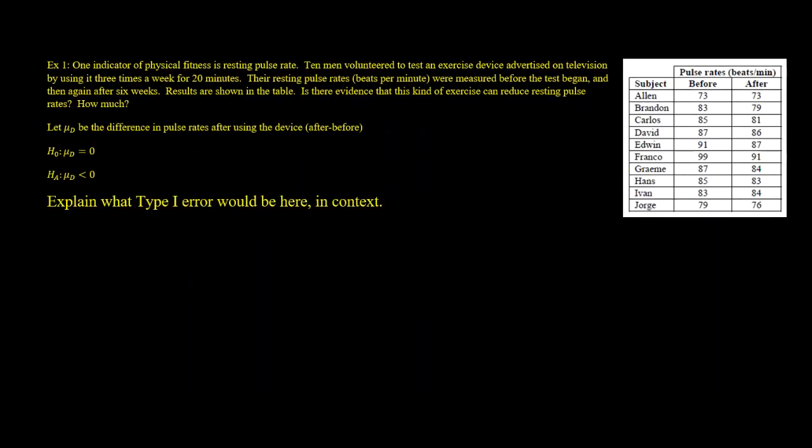Explain what type 1 error would be here in context. Type 1 error would be that I rejected the null hypothesis, but it was true.